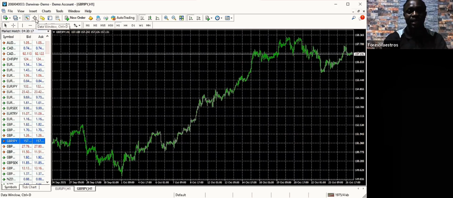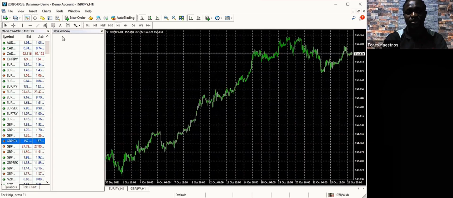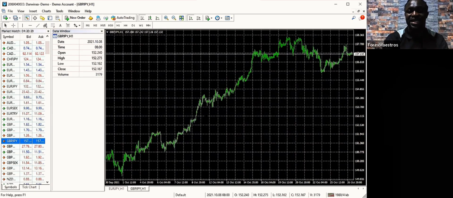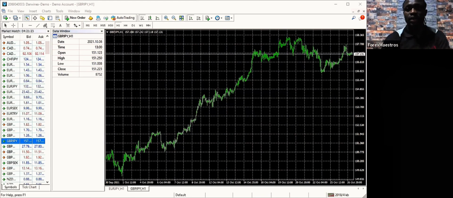Then you have your market watch and data window. If you check data window, you don't always need it. What data window simply does for you is this. Notice what is happening as I move my cursor across these tiny things. I'm calling them tiny things because I've not yet told you what they are and how to use them. Notice what is happening to the data window. Things are changing.